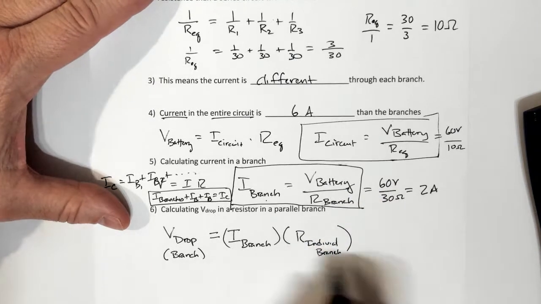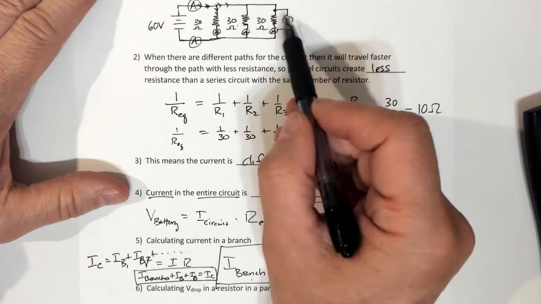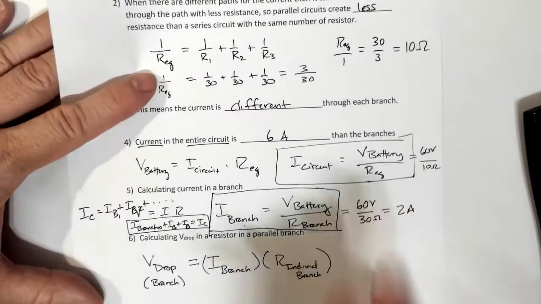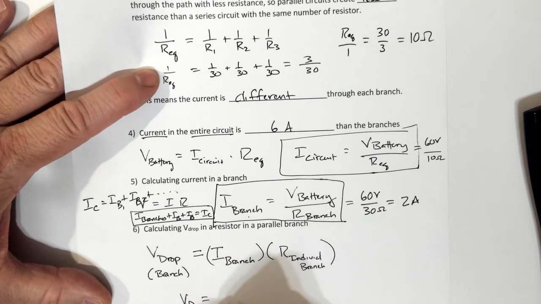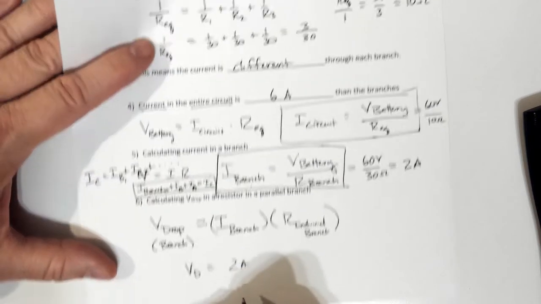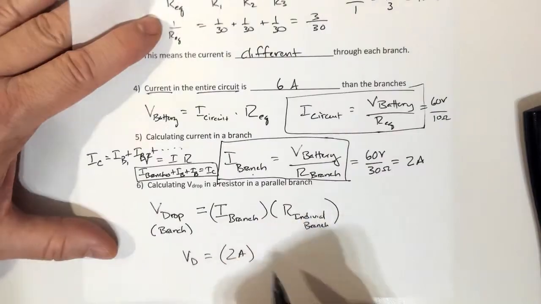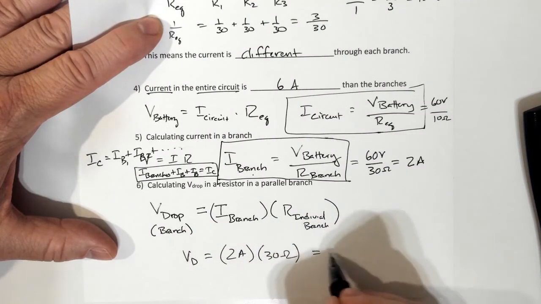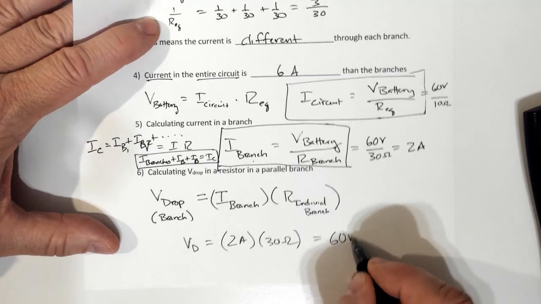Okay? So if I wanted to find the individual voltage drop from this one, it would simply be V drop equals the branch current, which is 2 amps, times the 30 ohms in this branch, so that's going to be 60 volts. It's going to be used up by that.